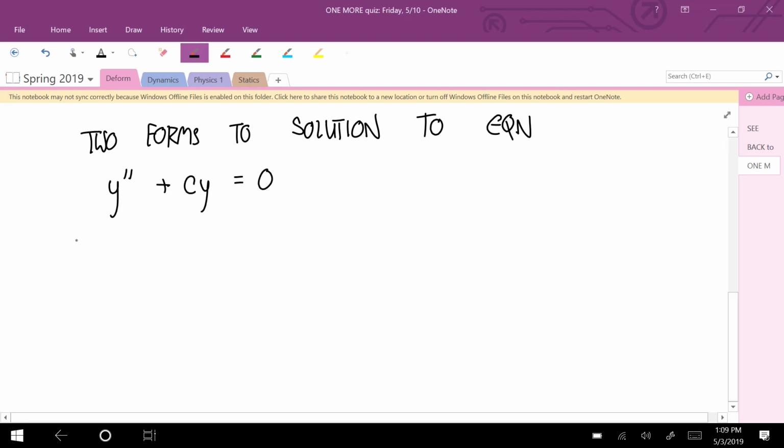The first way you can write it, and these are equivalent to each other, is the one that we used in dynamics this morning.